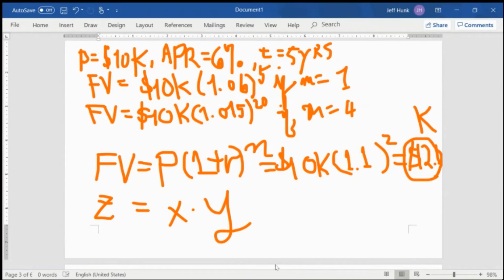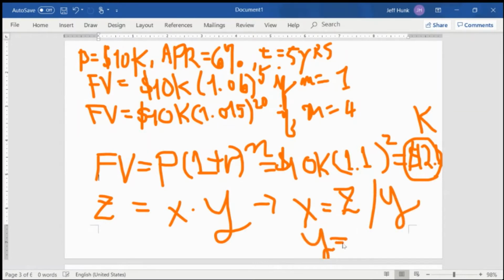And if you can identify this structure, what is X? How do you solve for X? X is then Z divided by Y, right? And also Y equals Z divided by X. Isn't that right?